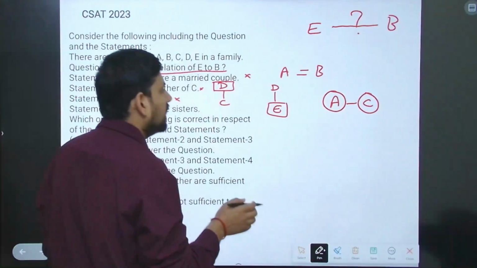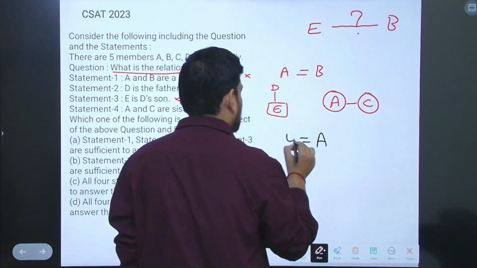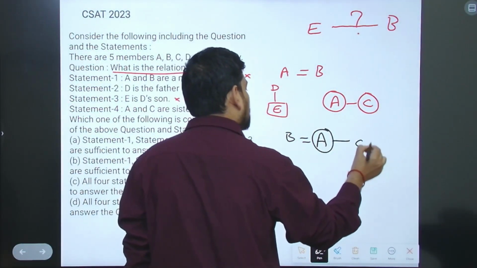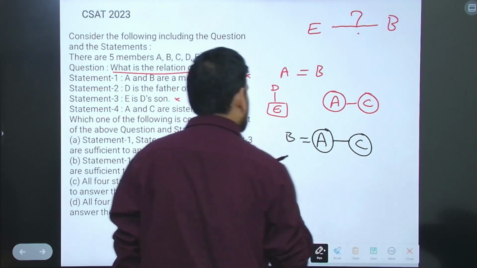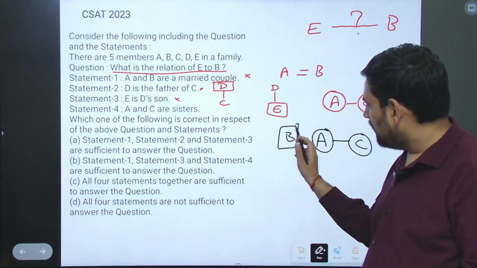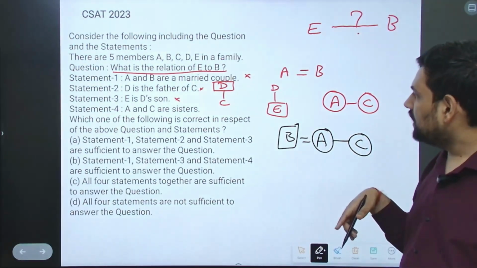So what it says, A is married to B. Very nice. A is married to B. Now A is a female, correct? A is a female. Her sister is C. Okay. Then you also know that B's gender becomes male because this is a female. Then D is father of C. Okay.